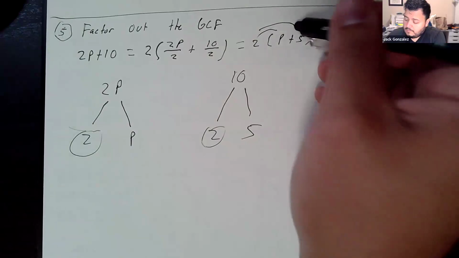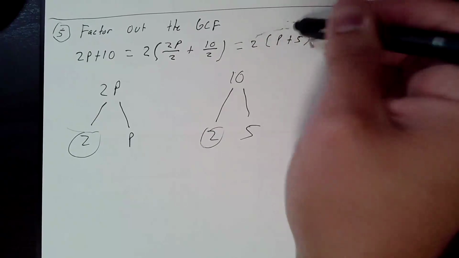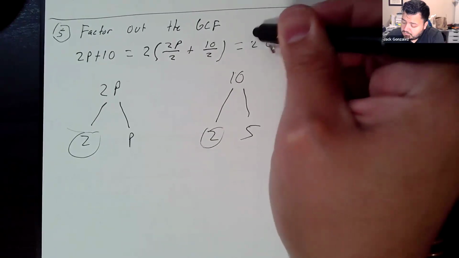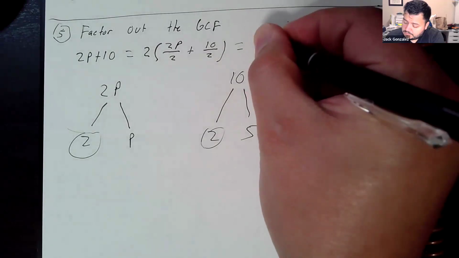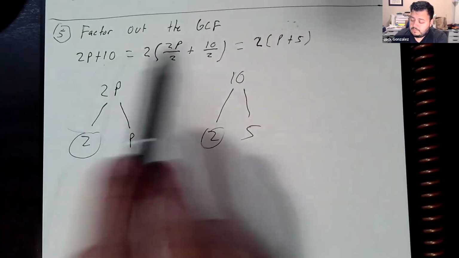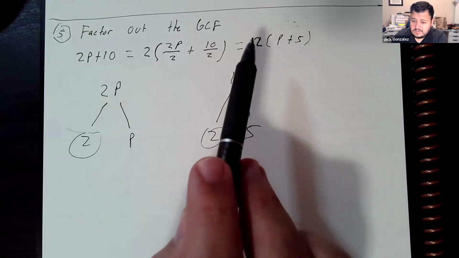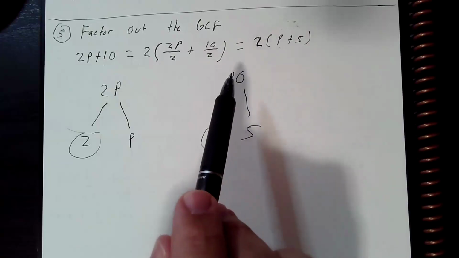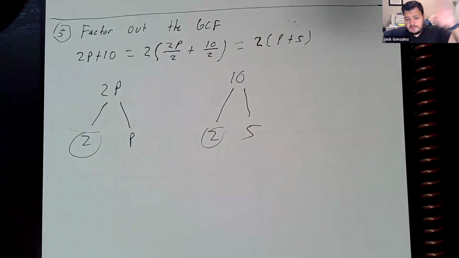I'm basically putting it into a different form. I'm not solving. I am factoring a 2 out from the entire question. So I removed 2 from both. Inside here, they no longer have the 2, but it's still technically there. That's what factoring means. We're just putting it in a different form. We're undoing the multiplication.